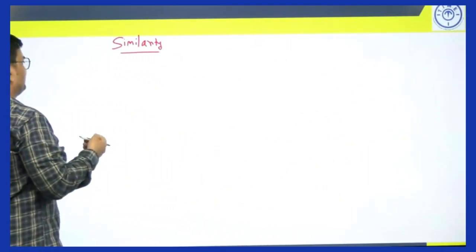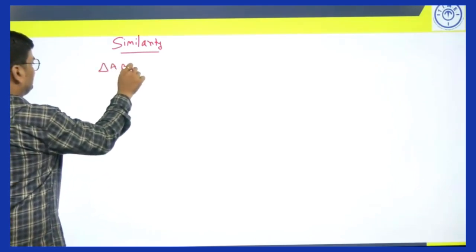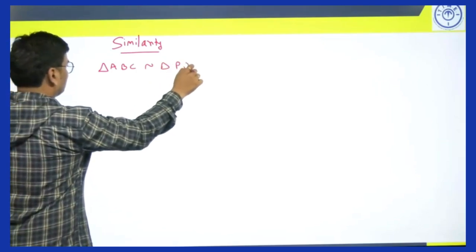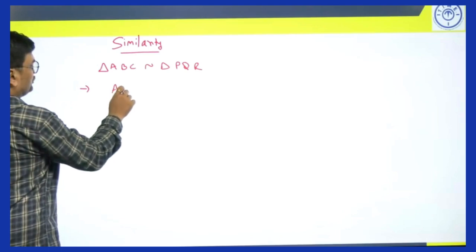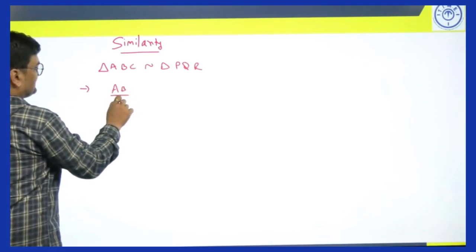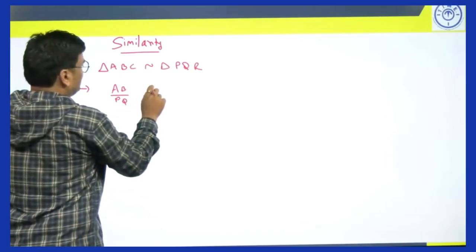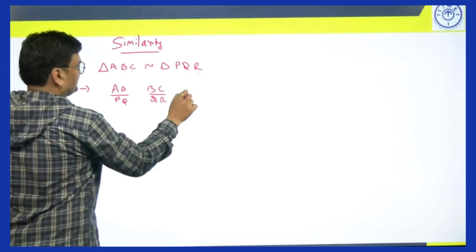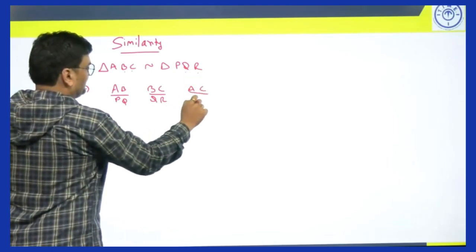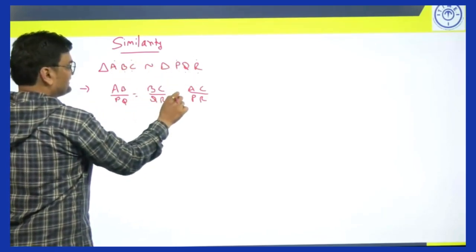If triangle ABC is similar to triangle PQR, then point number one we can immediately conclude is that the ratio of the corresponding sides, AB corresponding to PQ, BC corresponding to QR, AC corresponding to PR, will all be the same. Order is very important.